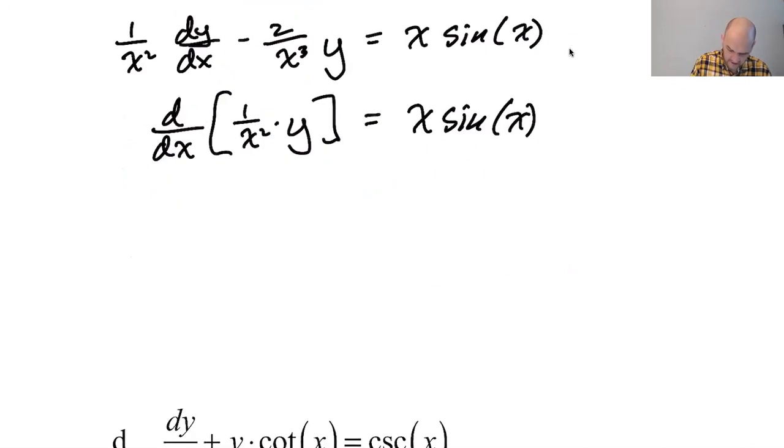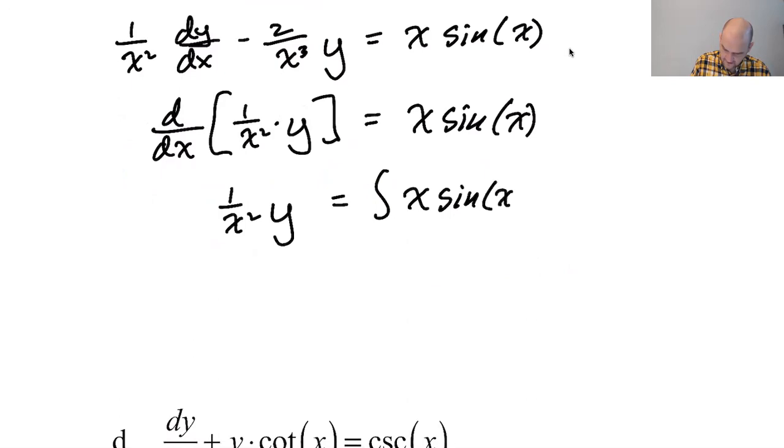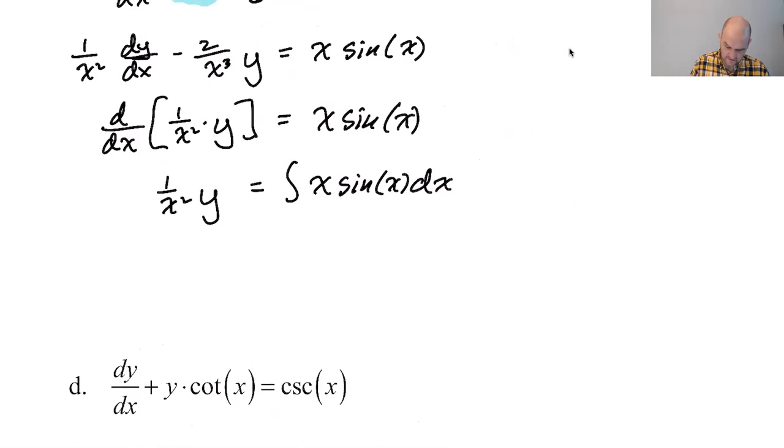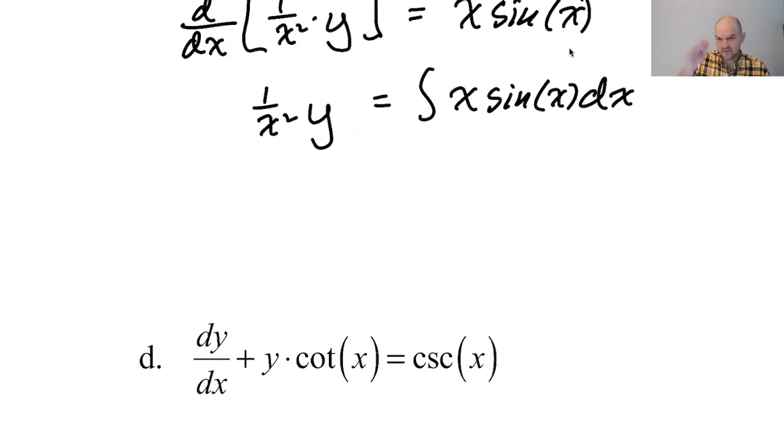So when I integrate on this side, I'm just going to get 1 over x squared times y. And on this side, I'm going to get the integral of x sine of x dx. That's integration by parts. So I'll do it here, and then I'll move over there, I guess. I'll make u equal x, dv is sine of x.